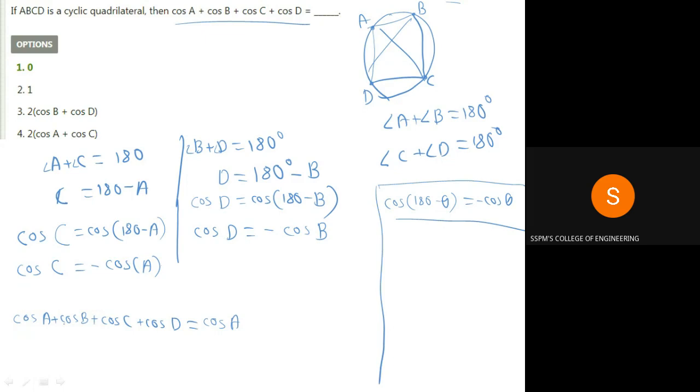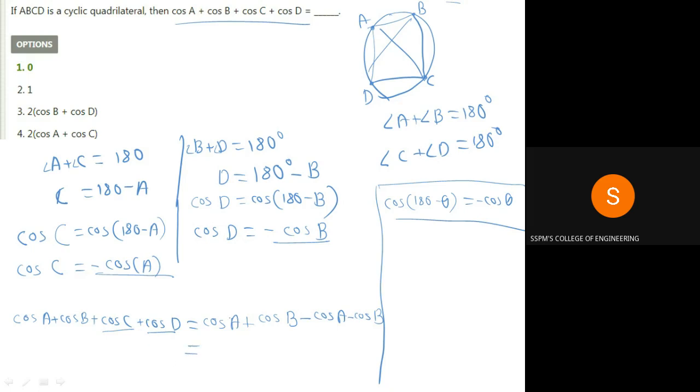Cos of B we will write again as cos of B. But instead of cos of C we will write minus cos of A, and instead of cos of D we can write minus cos of B.